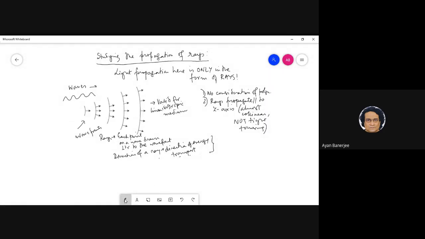So what we assume here are two things. If this is my z-axis, this is my propagation direction, I have, say, a ray starting from here and traversing in this direction. Then I assume that this is theta. This is my ray traveling in that direction.